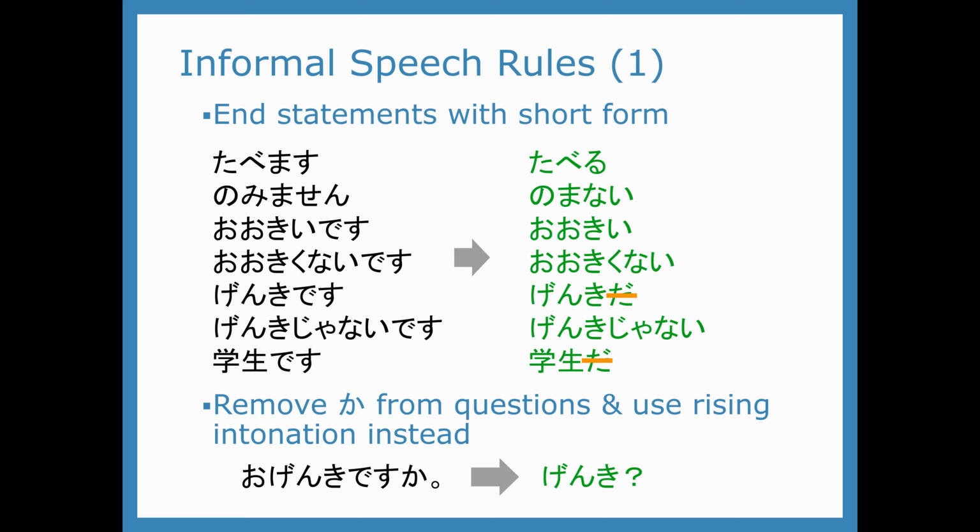Make sure that you actually do have a questioning tone in your voice when you ask questions in informal speech. Because if you just say genki without any change in your tone, I actually don't know if you're asking me a question or if you're just saying that you're Genki. So that's why you have to have that rising intonation. Genki?